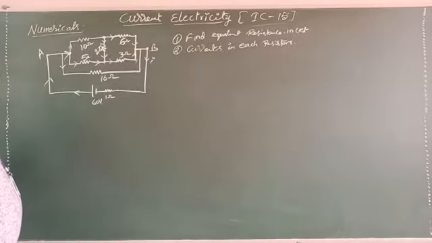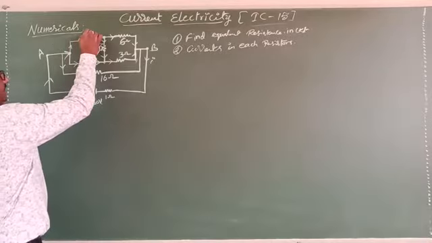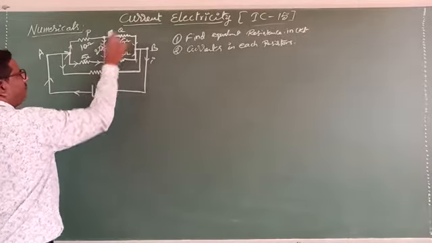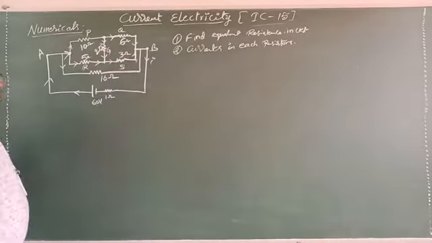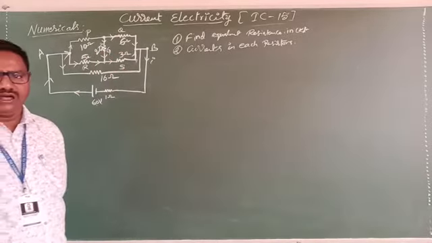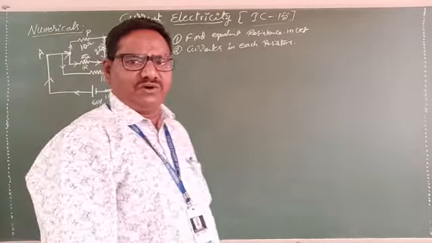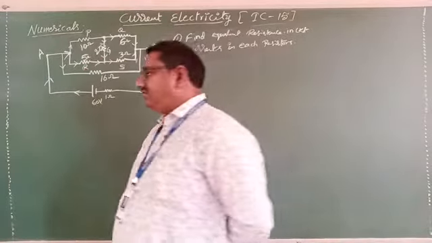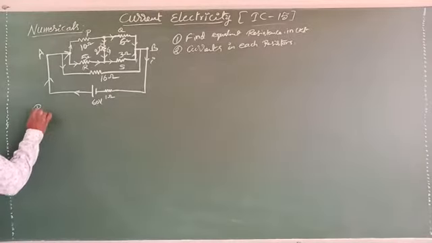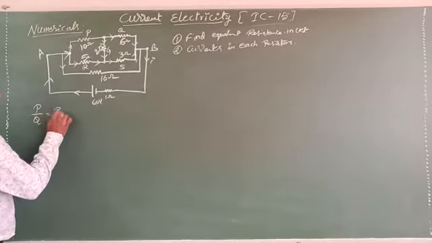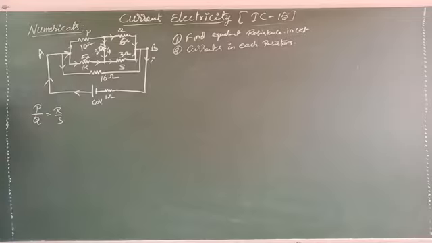Now, if you observe clearly, I will treat it as here P, Q, R, S. Here it is nothing but G. Do you understand? Yesterday we discussed the Wheatstone bridge. What is the Wheatstone bridge principle? Very simple. If P by Q is equal to R by S, what is the condition here?